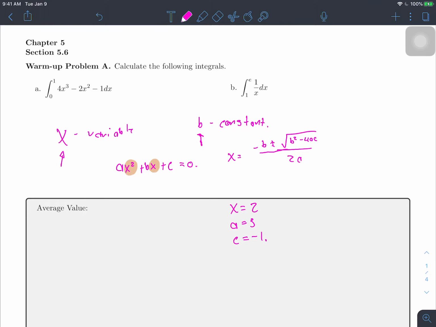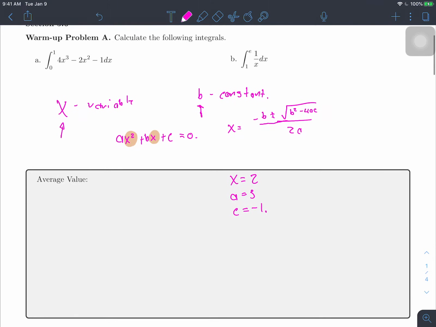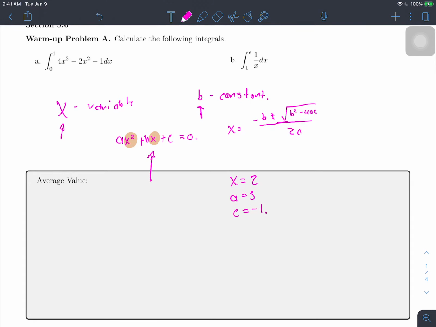So there's a distinction to be made between what is a variable and what is a constant. If we look at the graph of this function, it'll look like some parabola, where all along it we have all these points with different x values. X can change value. But what b and a and c are determining is something more fixed than that.